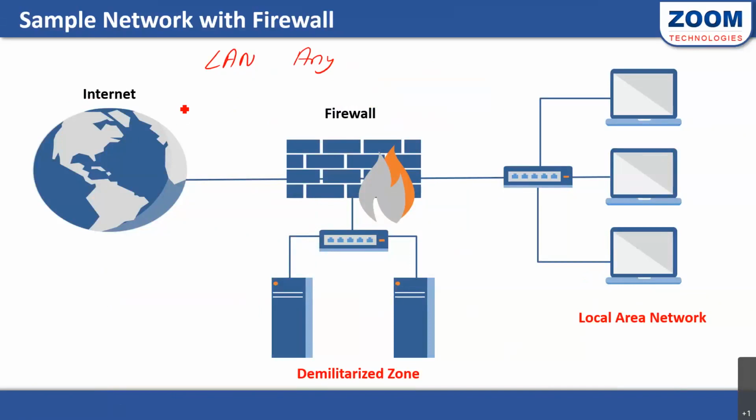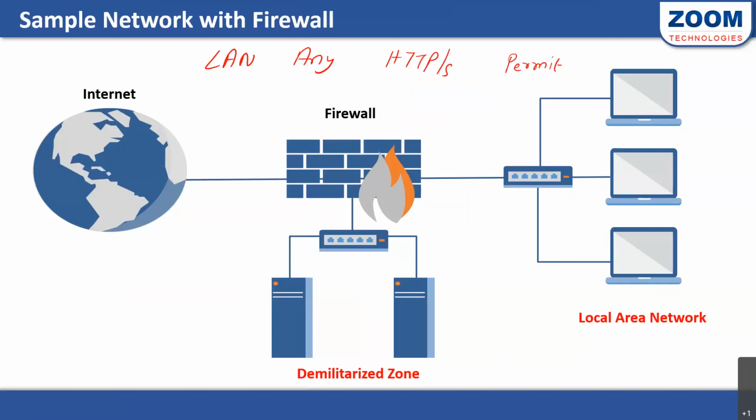So I'm saying if destination is anything for HTTP or HTTPS service, permit it, right? When we say permit, it means traffic initiated from the LAN computer and trying to reach something on internet.